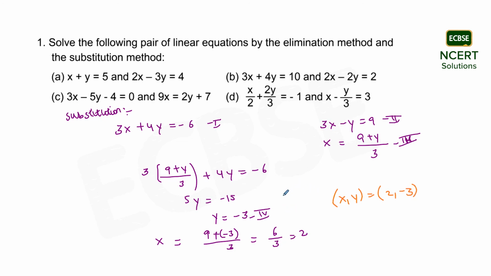So this was about the D part of the question. We have solved the D part with the elimination as well as the substitution method as has been asked in the question. So we have obtained the values of the variables x and y for all four parts by using both methods, that is the elimination method as well as the substitution method.